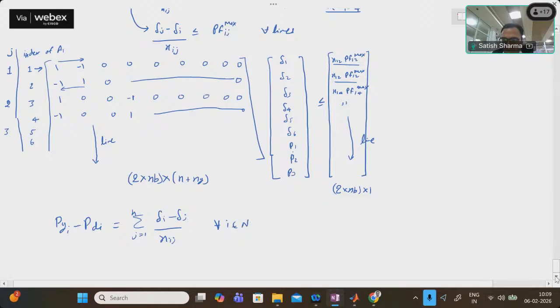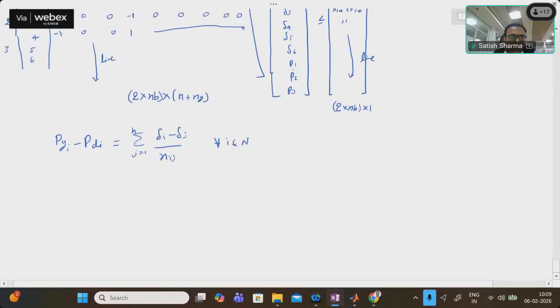If I put everything on one side, for a certain node, I will convert PGi to the one side. So it is PGi minus the summation of delta i minus delta j upon xij equals PDi. This is what I can place.